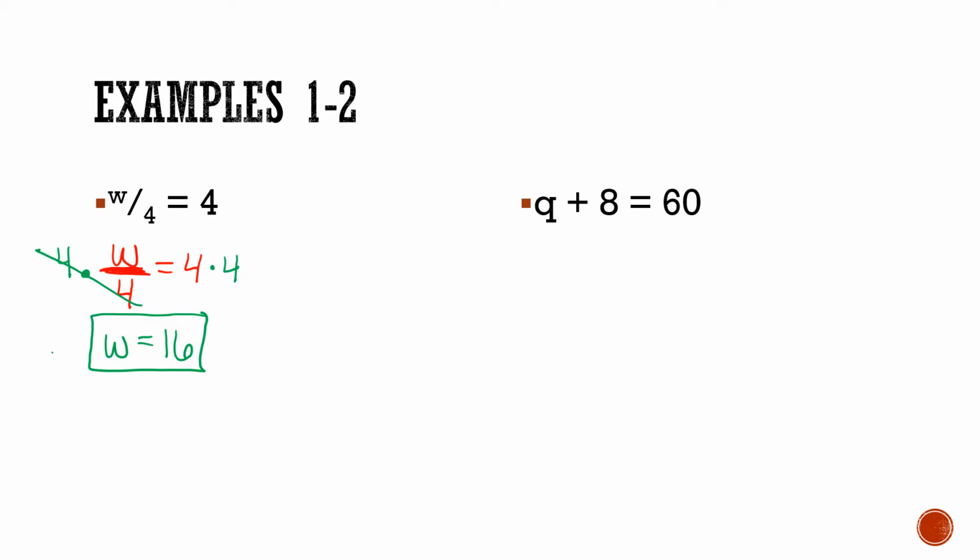But again, we're trying to isolate that q. So we have to get rid of this plus 8. So we're going to minus 8. Obviously, 8 minus 8 cancels out and gives us 0. So if we subtracted 8 on the left side of this equation, we have to subtract 8 from the right side. So 60 minus 8 is 52, which means q equals 52.